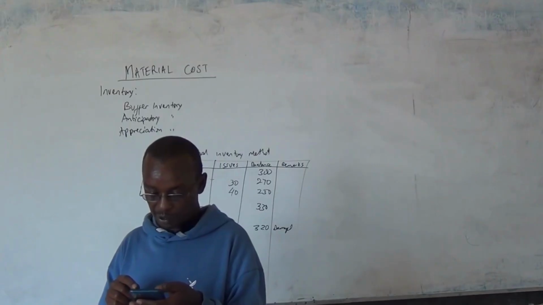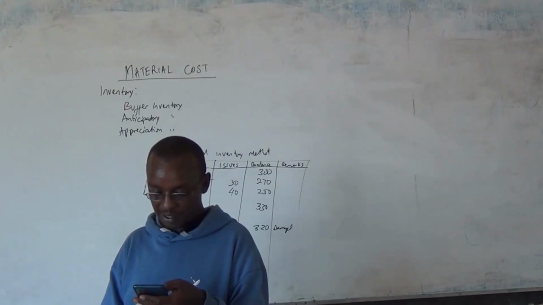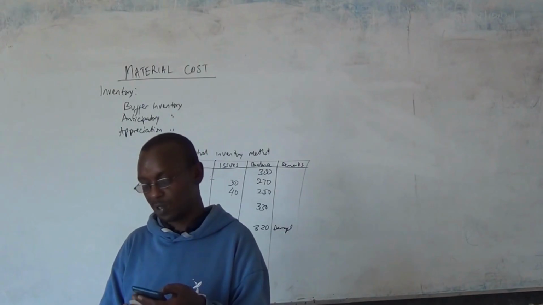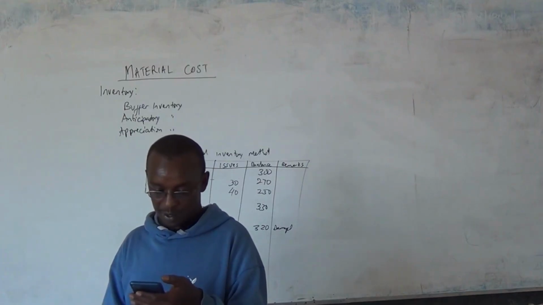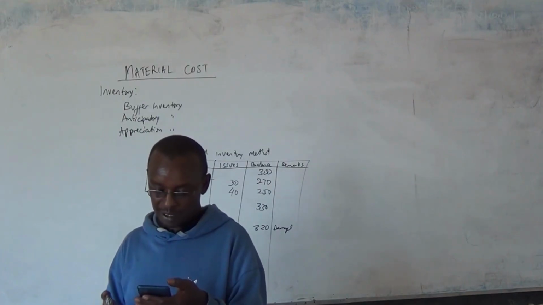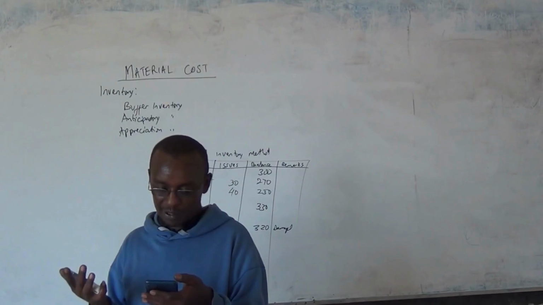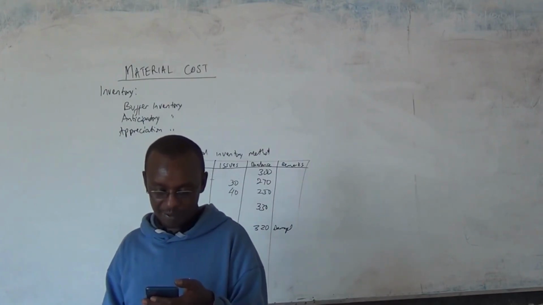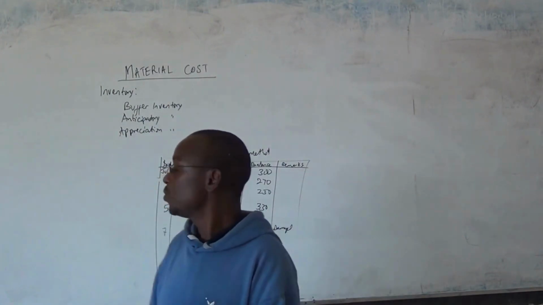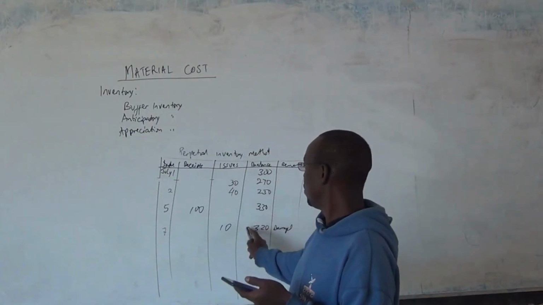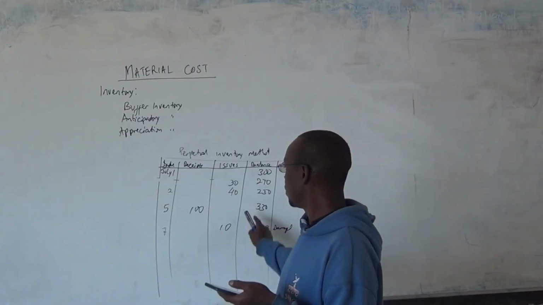So the stock personnel should on regular basis compare targets with actual stock levels and take appropriate action indicated by comparison to investigate the deviation. Like why a particular stock has fallen below minimum and immediately informing those responsible. So you keep on checking. We know our minimum stock level is 200.